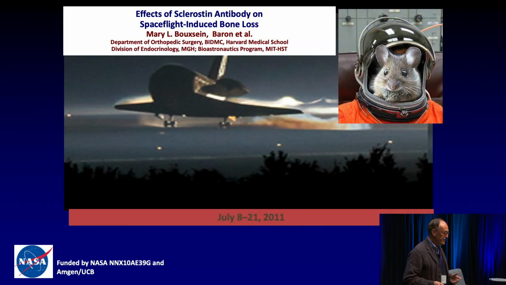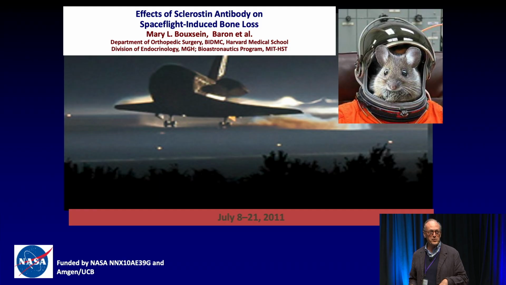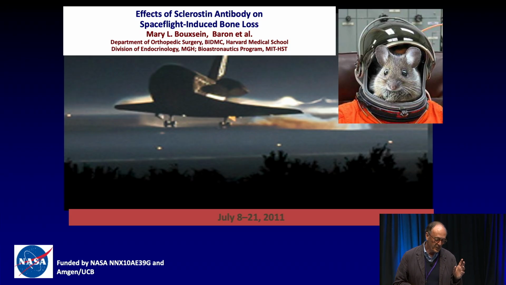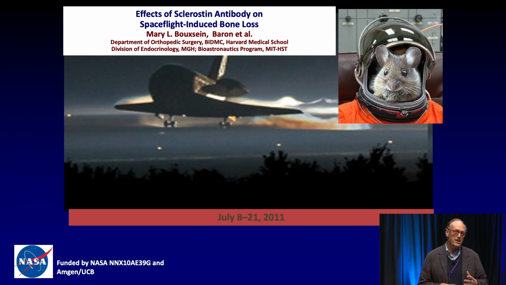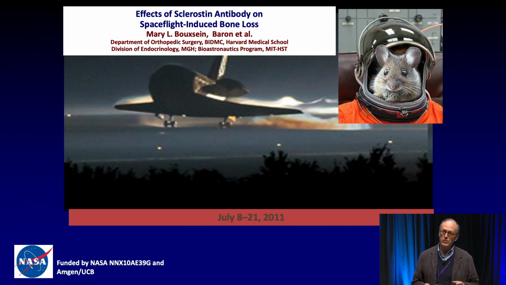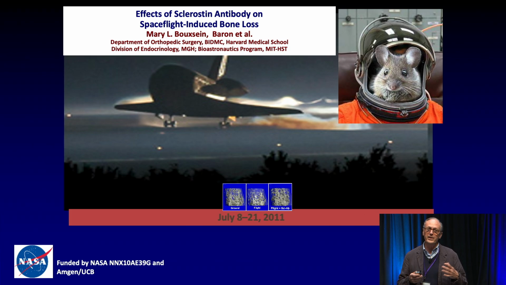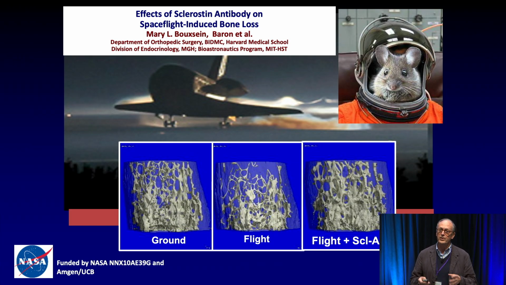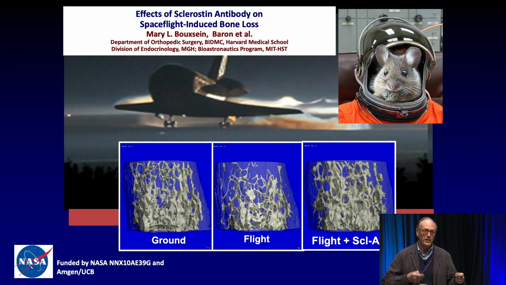Now, based on that, in collaboration with Mary Boxine, that you tried to get but could not today, but she is the PI on this, not me, supported by NASA. As you know, in space, one of the key issues is lack of gravity, and lack of gravity leads to very rapid loss of bone in space, which is why you see all these people doing this exercise.